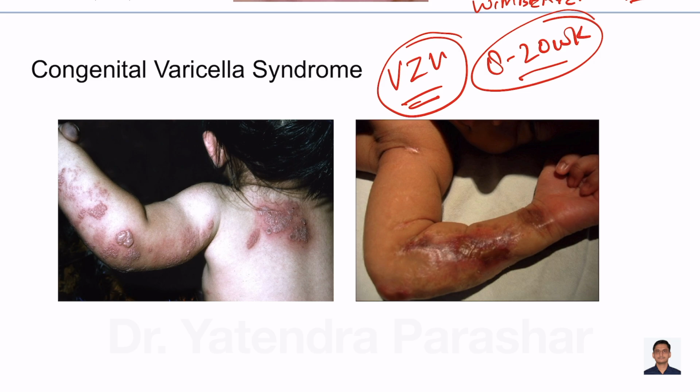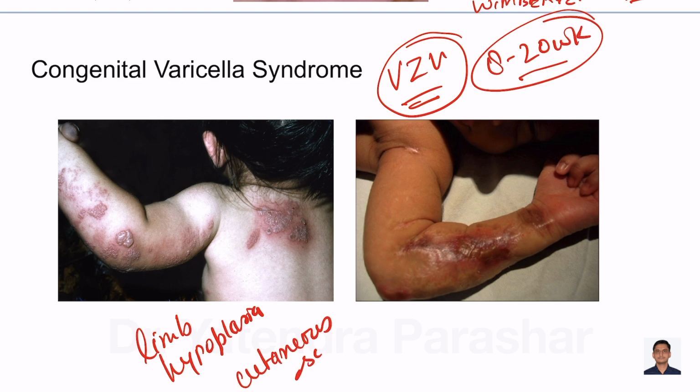And classical features of congenital varicella syndrome include the limb hypoplasia, cutaneous scars, as we can see in this picture, scars especially in the dermatomal pattern, involves a dermatome of the skin, and ocular defects include the chorioretinitis or microphthalmia.